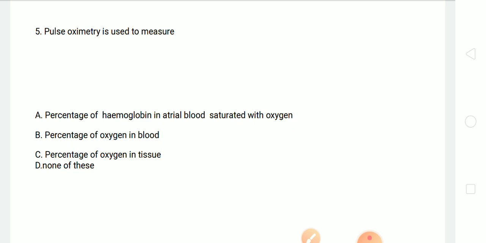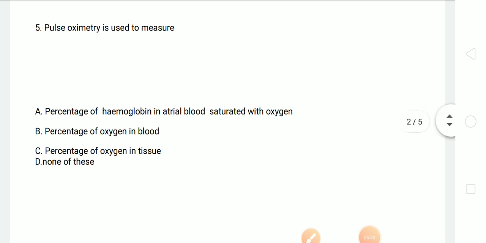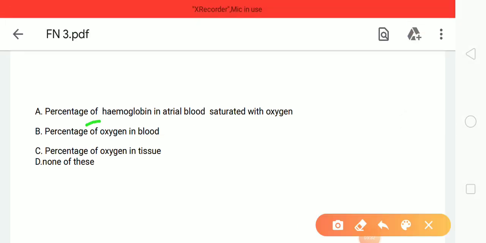Option C, percentage of oxygen in tissue, and option D, none of these. The correct option is percentage of hemoglobin in arterial blood. Which blood? Arterial blood saturated with oxygen.